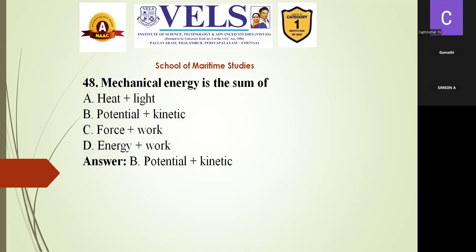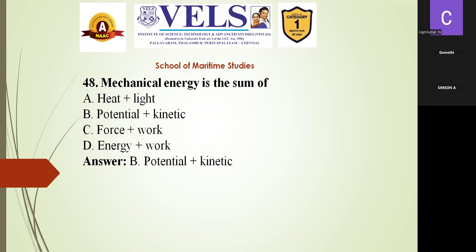The mechanical energy is the sum of kinetic energy plus potential energy. The energy E is equal to kinetic energy, 1/2 mv², plus potential energy, mgh.